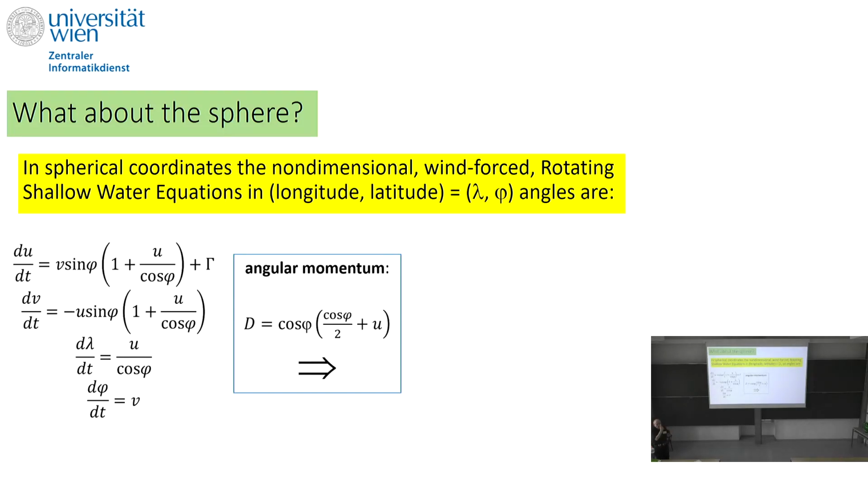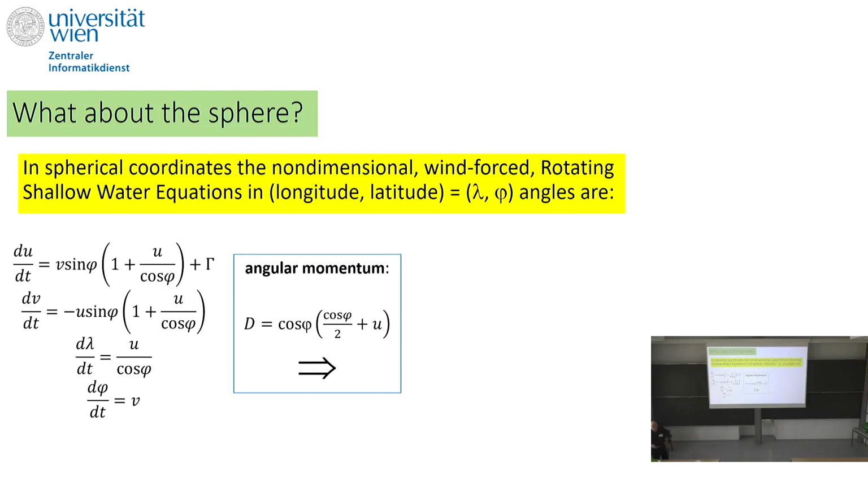You have the local radius, which is given by cosine phi, and this is the total eastward velocity at that latitude, made up of the velocity of a palm tree at that latitude, plus the eastward velocity relative to Earth if it's not a palm tree, but rather a wind system or water. So this is the total eastward velocity. This is R cross V, which gives the component of the angular momentum, which is a vector, in the direction of the axis of rotation.